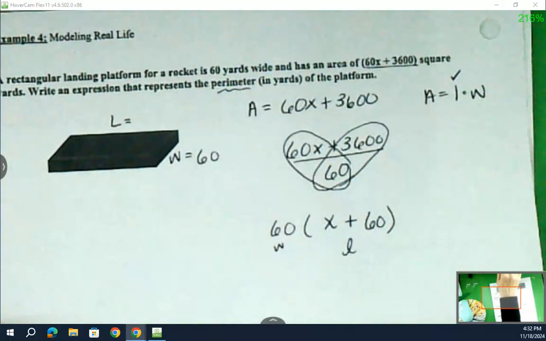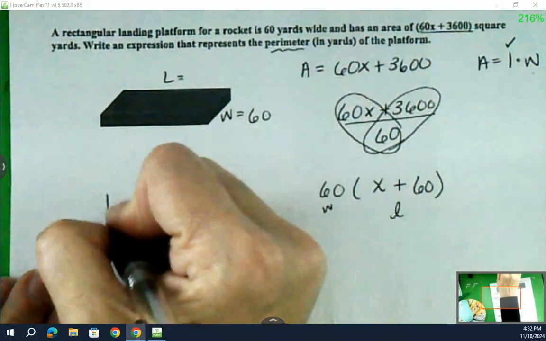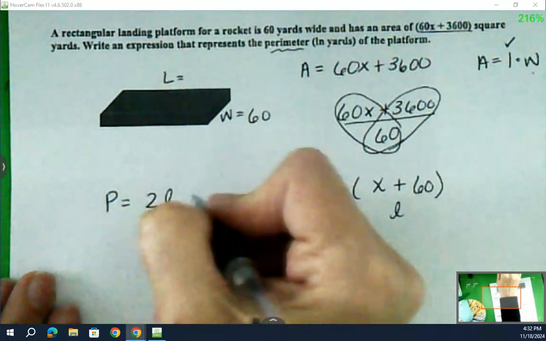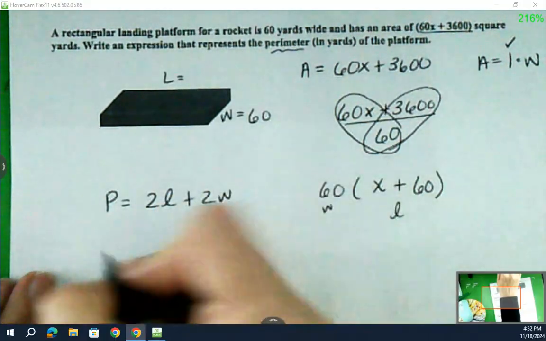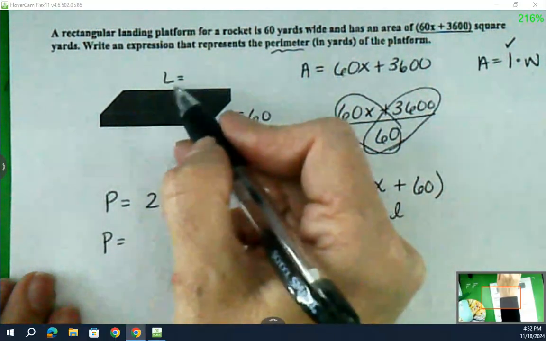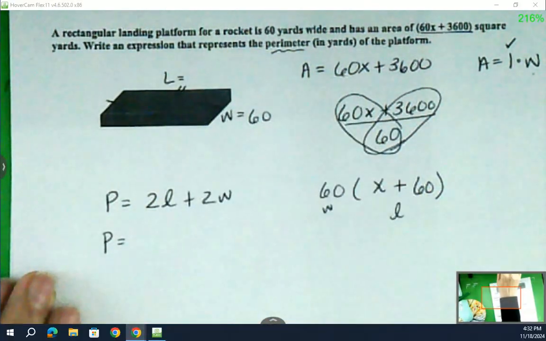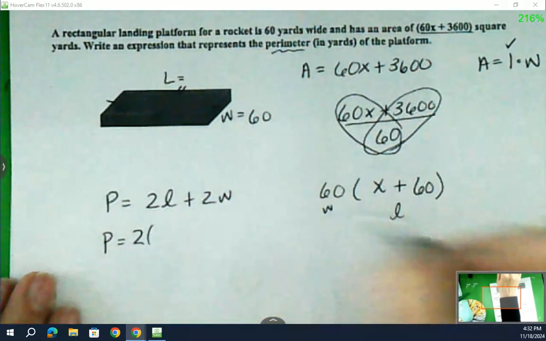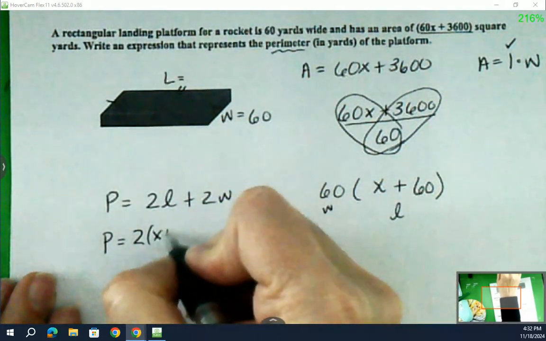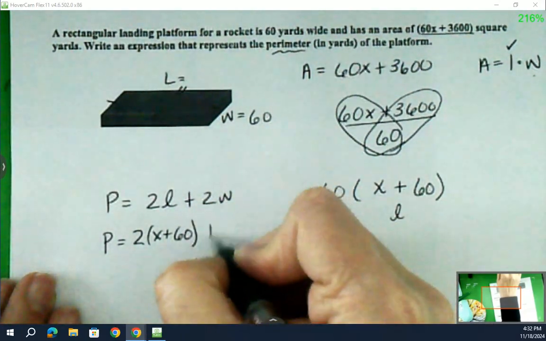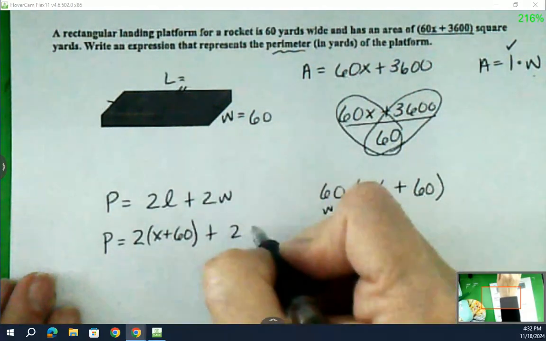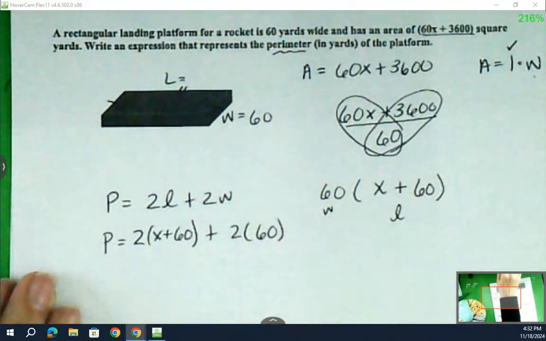And now we're ready to do perimeter. Remember, the formula for the perimeter is 2 length plus 2 width. So you've got 2 of these two sides and these two that are equivalent. So 2 times the length would be 2 times the x plus 60, plus 2 times the width. Well, that's 2 times 60.